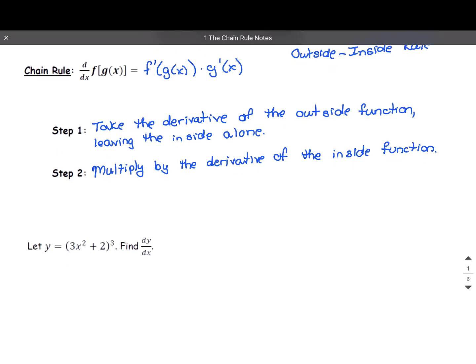Okay, so let's look at an example. Here we have y equals 3x squared plus 2, that quantity cubed, and we want to find the derivative. Now, the first thing you need to do is realize that there's an inside function and an outside function of cubing. So when we find the derivative, dy dx, we take the derivative of the outside function, which is something cubed.